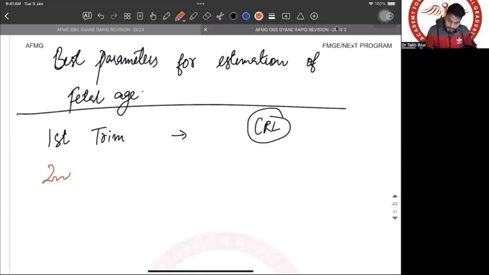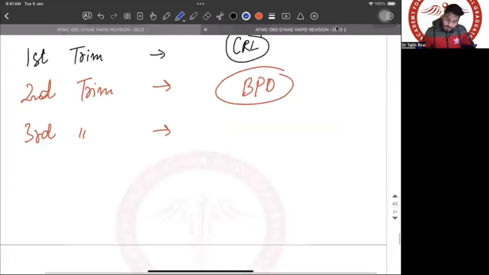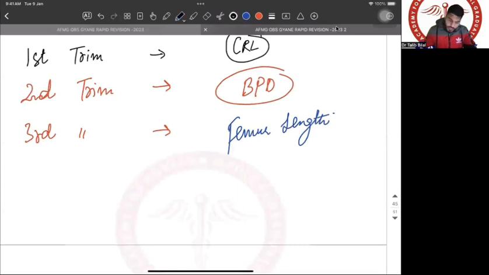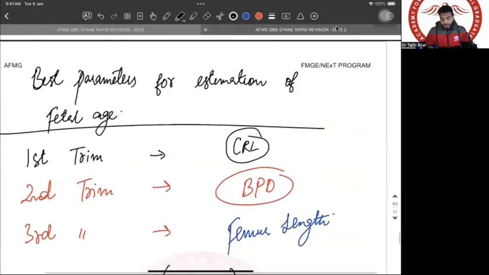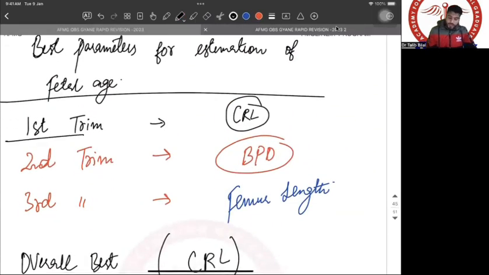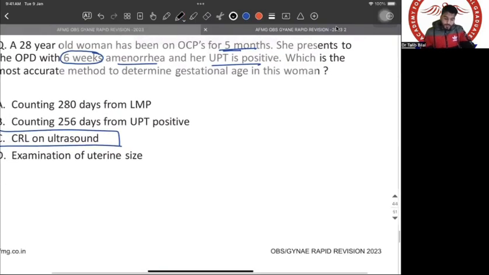If I talk about the second trimester, that is biparietal diameter. If I talk about the third trimester, my dear students, that is femur length. If I talk about overall best, सबसे best, that is crown rump length. So guys, in the first trimester, your answer will be crown rump length. Okay, then counting the days from LMP, guys.